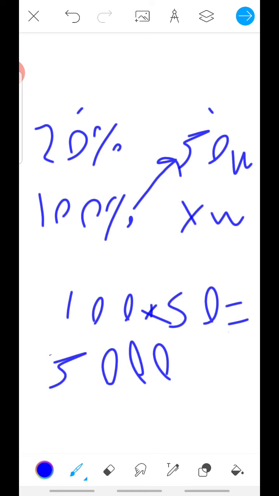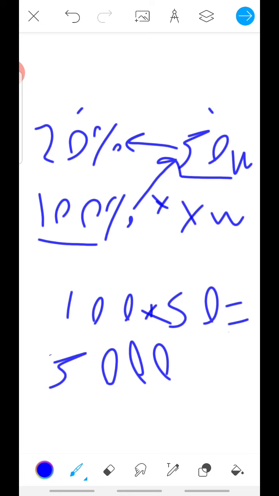Then after that, we do another line here. The two diagonal numbers that we do know, we don't know the X, so we can't do X times 20%. The two diagonal numbers that we do know, meaning the 100 here and the 50 here, we multiply by each other.